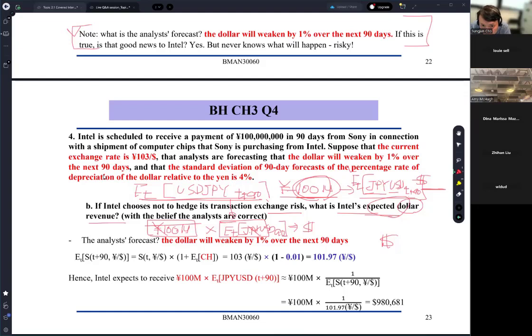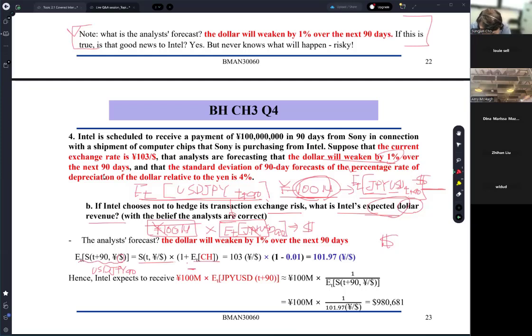So given this forecast, the dollar will weaken by 1%. We can get the analyst forecast in terms of USD/JPY 90 days from today: current exchange rate times 1 plus expected change. Now, the dollar will weaken. The currency in the denominator will weaken, so this one will be minus.